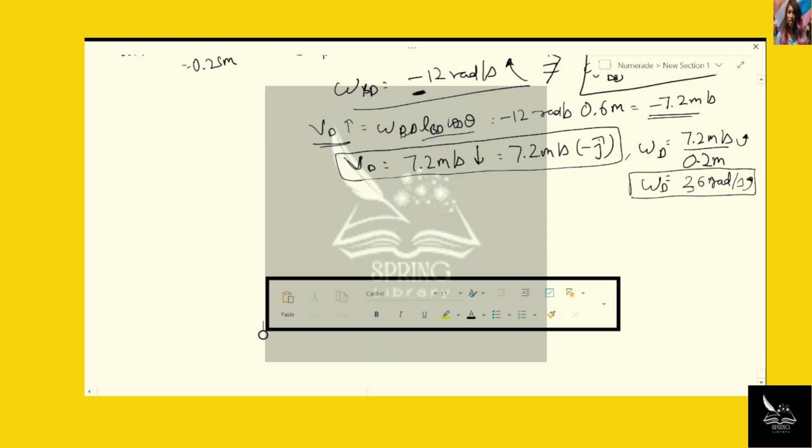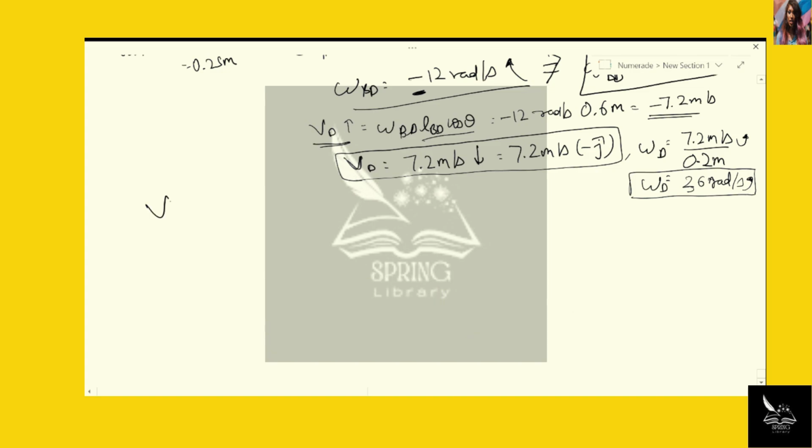Okay, what we needed was velocity at point C. So velocity at point C, right? What is point C? Point C is at the midpoint of rod BD here. So net motion is always going to be translational velocity plus rotational velocity in the vector form.